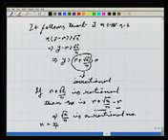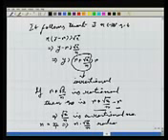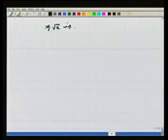Well, I also know that the product of two rational numbers is a rational number, and of course any natural number is a rational number, right? Because n I can always write as n by 1. This implies n into root 2 by n must be a rational number. Notice that n is a rational number, so is root 2 by n. This implies in turn that root 2 is a rational number.